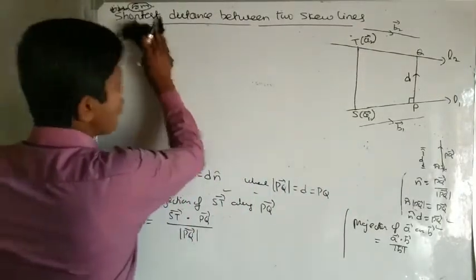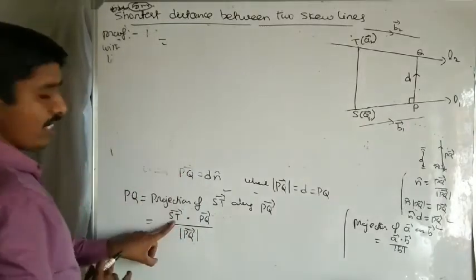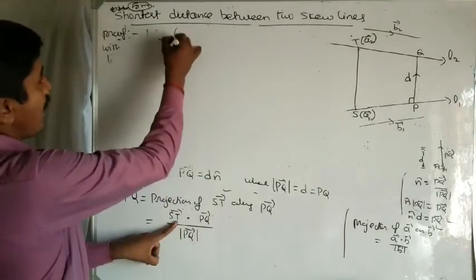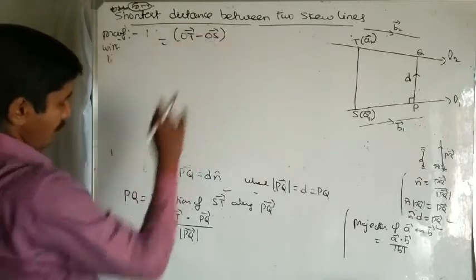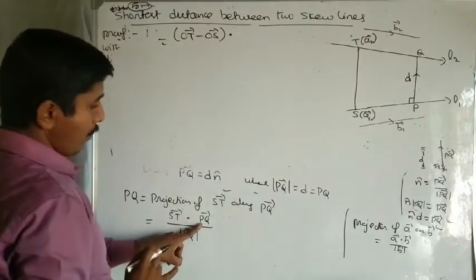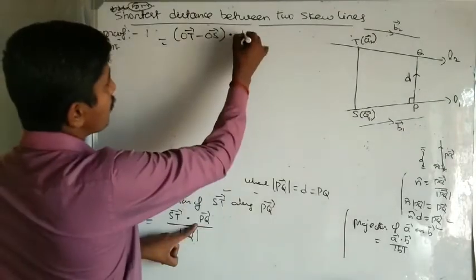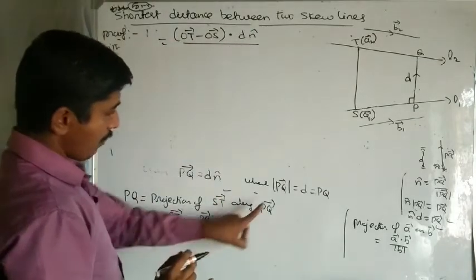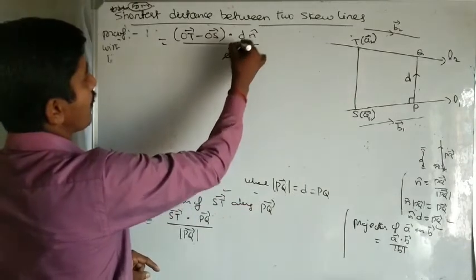I am going to continue this. Vector ST, in terms of position vectors with initial point S and terminal point T, can be written as vector OT minus vector OS. So vector OT minus vector OS dot vector PQ, equal to d n cap, divided by the magnitude of vector PQ, equals d. The scalar d gets cancelled.